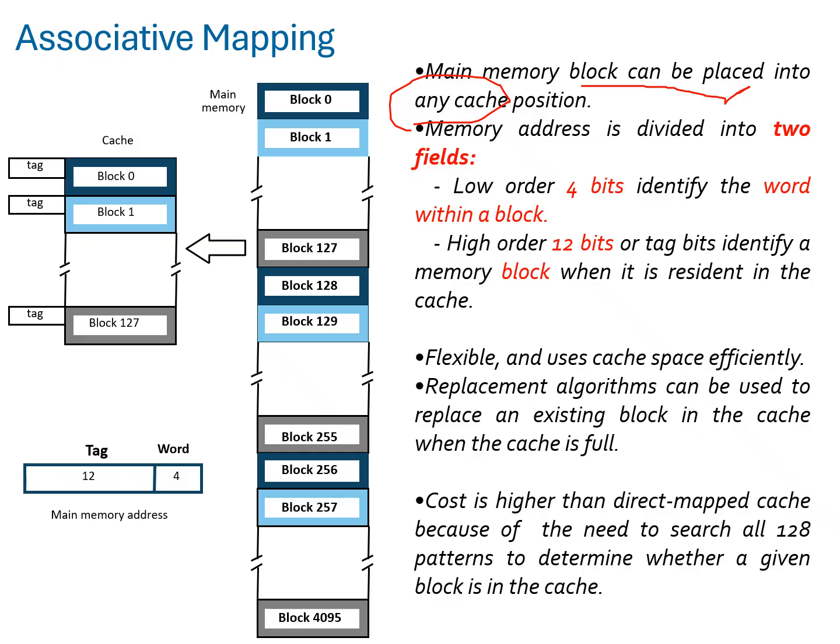There are two things in the 16-bit address: 4 bits for accessing the particular word in the block, and the tag. Here we have 128 tags, and the tag number is given using 12 bits. Then use this tag and word for finding the particular block.